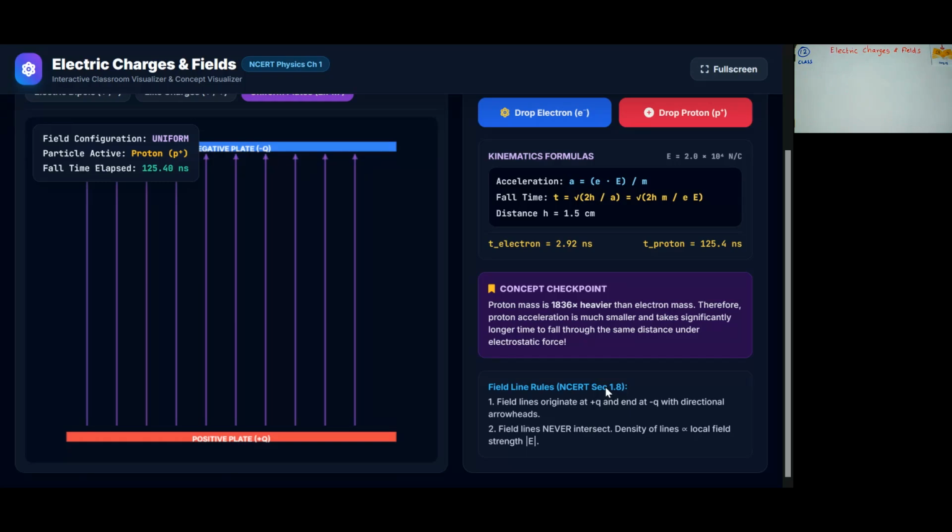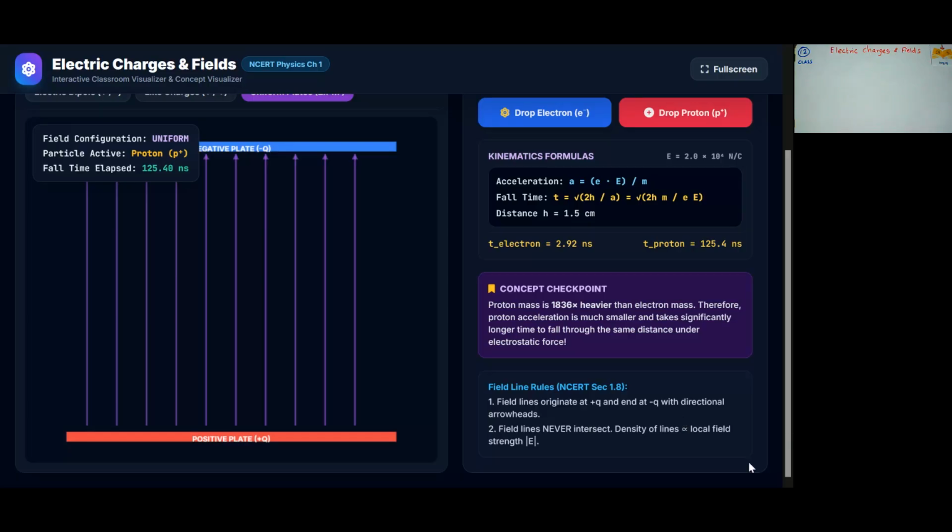For the electron, it takes only 1.5 centimeter distance and time 2.92 nanosecond. For the same height, the proton takes over 40 times longer, that means 125.4 nanoseconds. Because the proton's mass mp is approximately 1.67 × 10^-27 kg, which is 1836 times heavier than the electron mass.